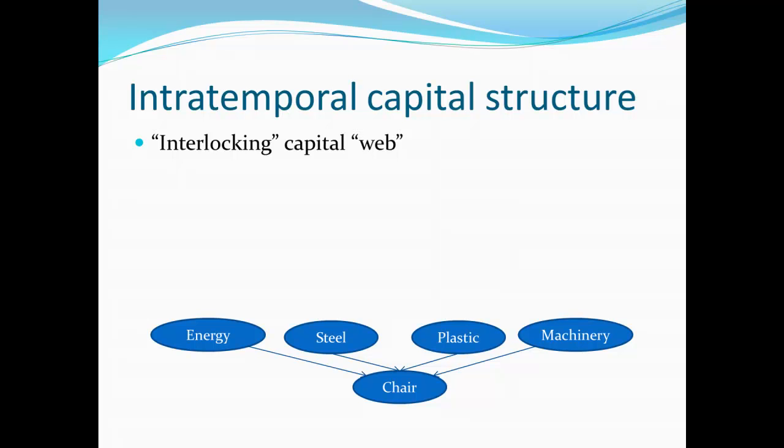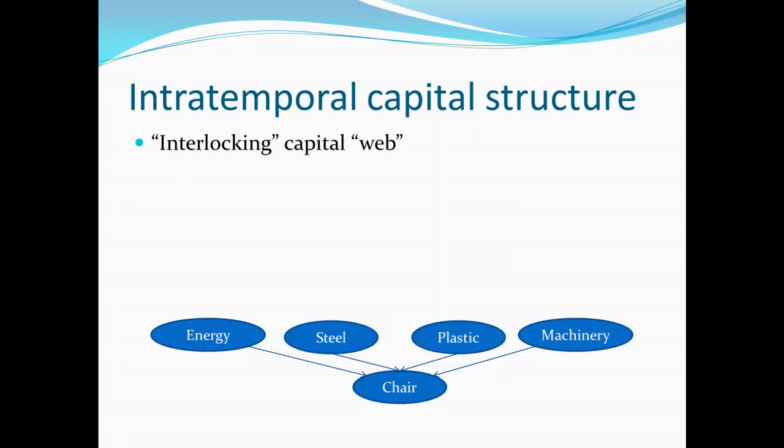I'm going to need the machinery itself. I'm going to need, it looks like, steel and some form of plastic, also various pigments that go into giving the chair its various colors. So I have at least these four different types of capital involved, along with other resources like labor, in order to get these things all combined in the right way if I want to get this chair.